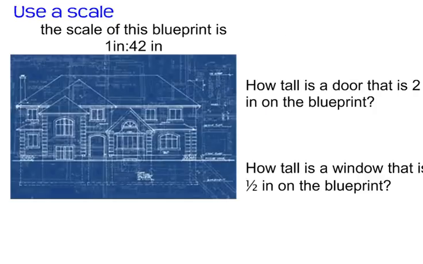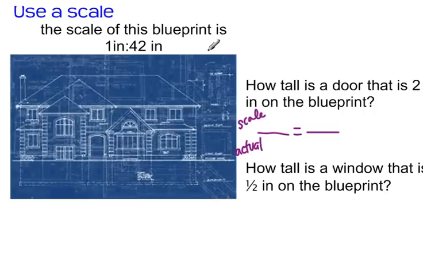Well, let's go ahead and set up a proportion. And I'm going to remember that my scale is shown as the scale to the actual. So I'm going to label scale. I'll put all my information about the scale on the top and all the information about the actual drawing on the bottom.